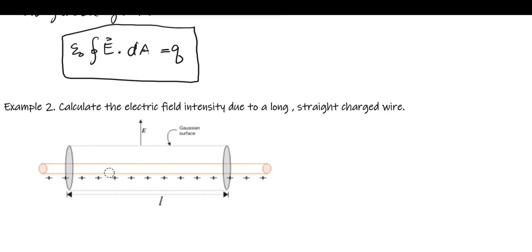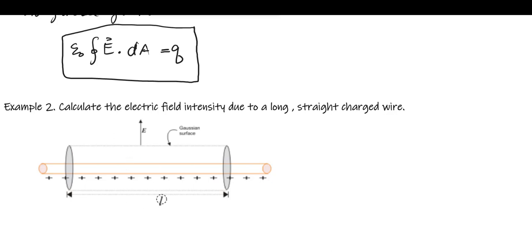So Gauss's law helps simplify this very tedious work. From our figure, we expect that the electric field will be directed radially outward from the wire since it is composed of positive charges. Then take the length to be L for the length of our Gaussian surface.